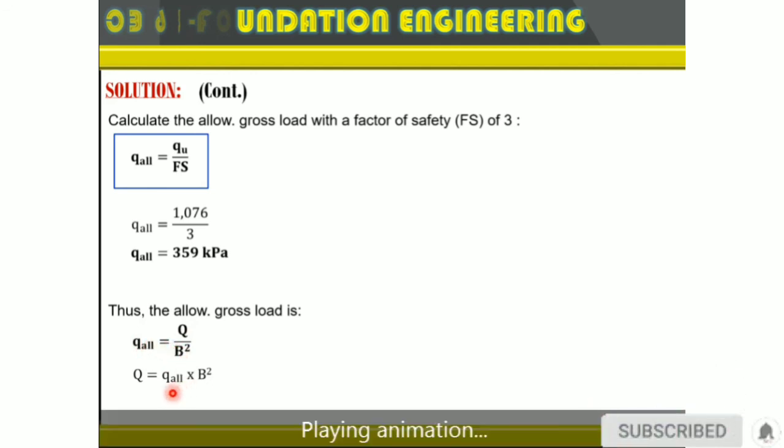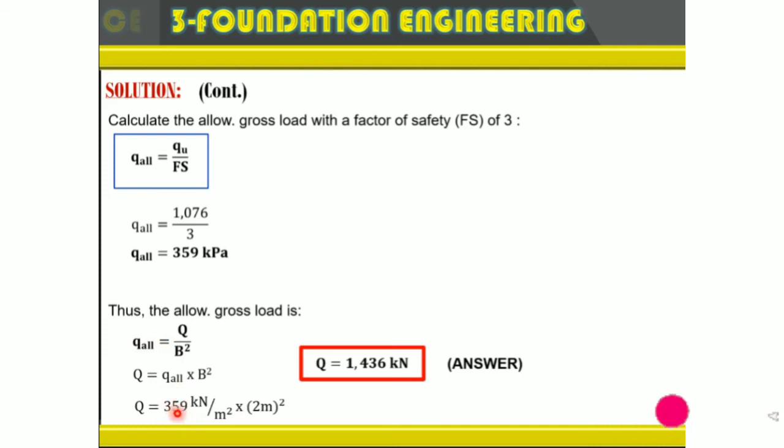Substituting the values, we have 359 kilonewton per square meter times the area of 2 meters squared. The square meters will cancel out, and the only unit remaining is kilonewton. So our allowable gross load, capital Q, is equal to 1436 kilonewtons. And this is probably the answer in this sample problem.